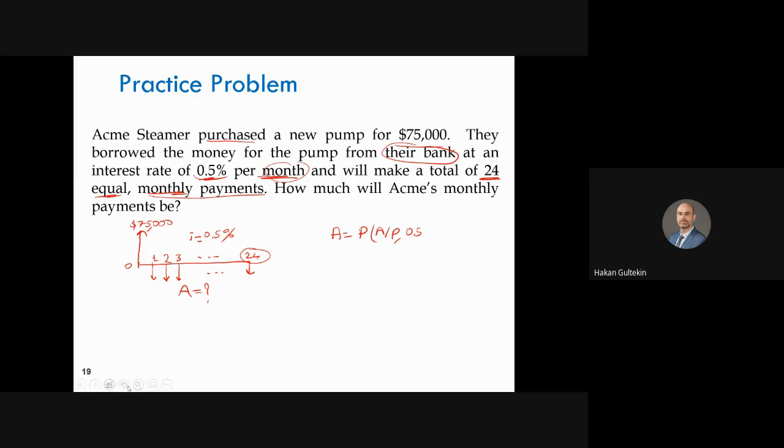So you can use this 0.5%, and then the number of periods. You cannot write 2 here. It's wrong, because you are making payment for 24 times. This value over here is the number of payments, and we are making this payment for 24 times.